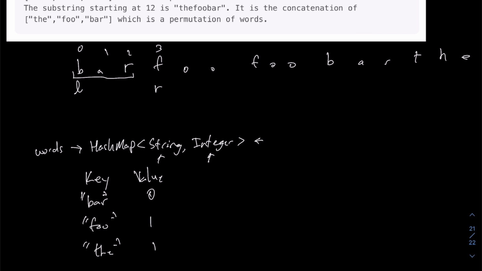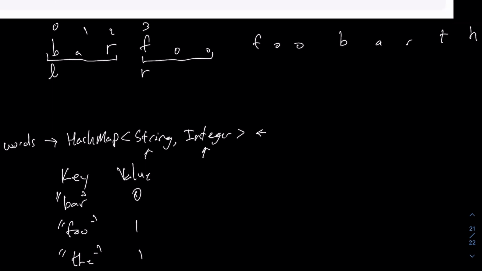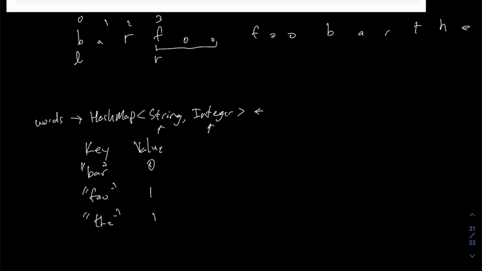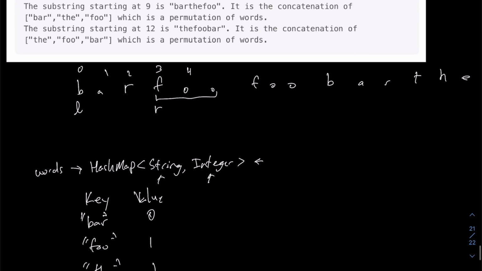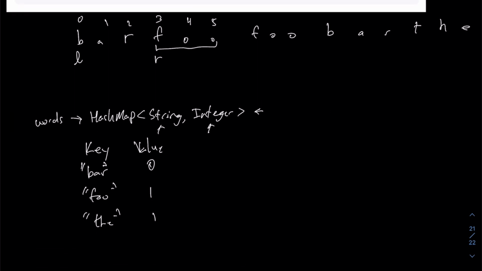Then R comes up here, and we look at this sequence now. If this 3-letter sequence right here is contained by the hash map, then we can add it as well. It is, so we continue. Then we go up here and we look at foo. Does foo occur? No, it does not.